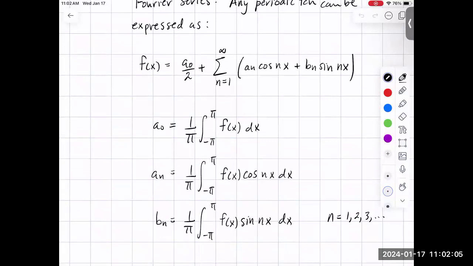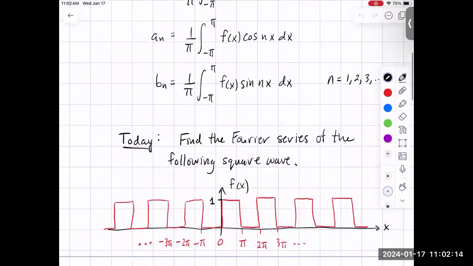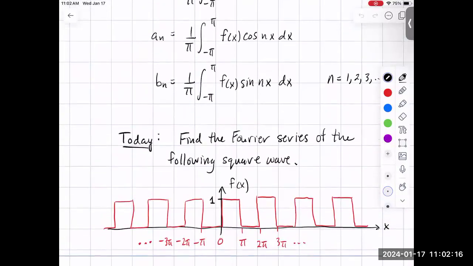Let's see if I can find my notes. Here we go. Okay, so the example that we're going to do is we're going to try to write down the Fourier series for the following square wave. Our square wave is going to oscillate between 0 and 1, and it will have a period of 2 pi.